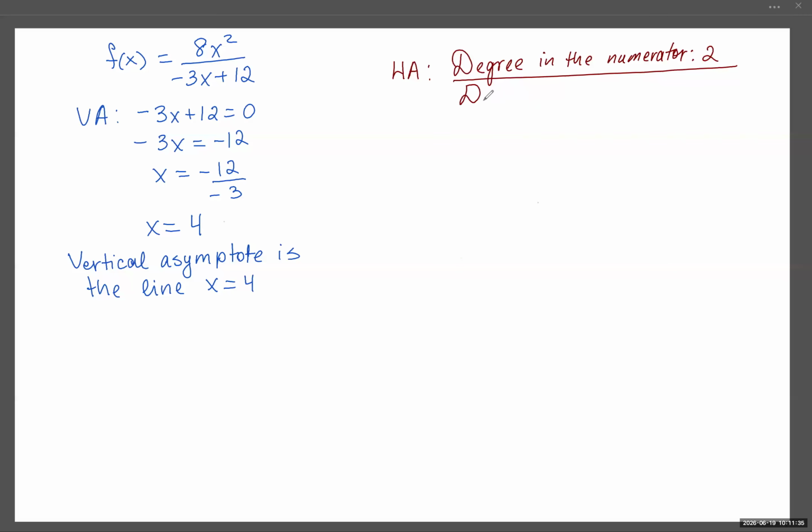The degree of the denominator is 1. So this is the case where the degree on top is bigger than the degree on the bottom. So in this case, there is no horizontal asymptote.